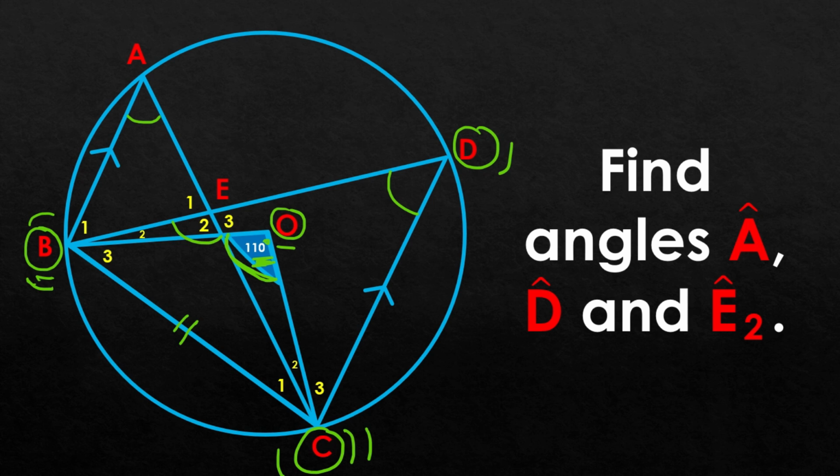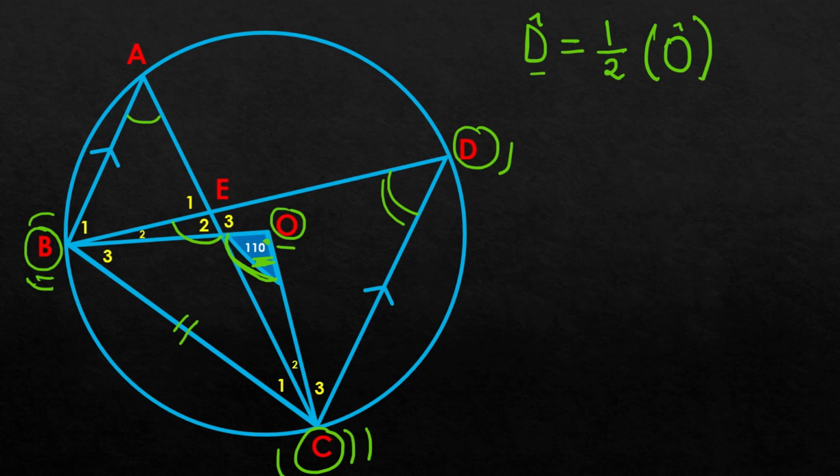So in other words, the angle D will be equal to half the angle at the center, which is angle O. And we know that the angle O is given, so angle D will be half.